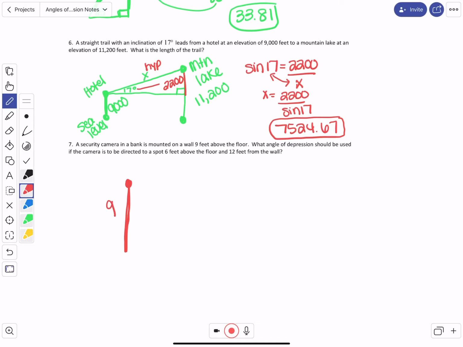What angle of depression should be used if the camera is to be directed to a spot 6 feet above the floor and 12 feet from the wall? So here is the wall on the other side, and here's our room. It's directed to a spot 6 feet above the floor, and we know the wall is 12 feet away.